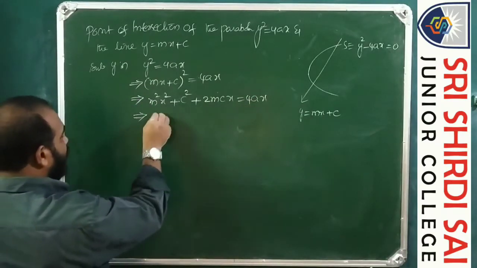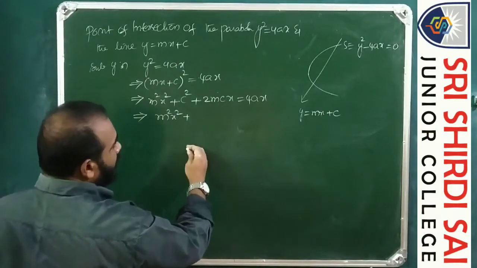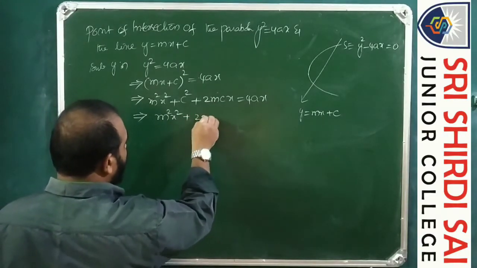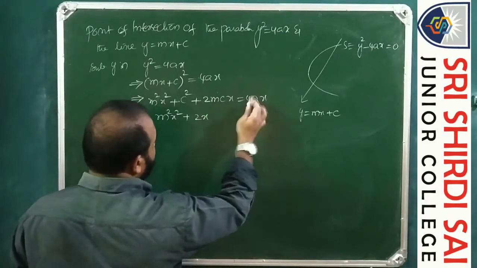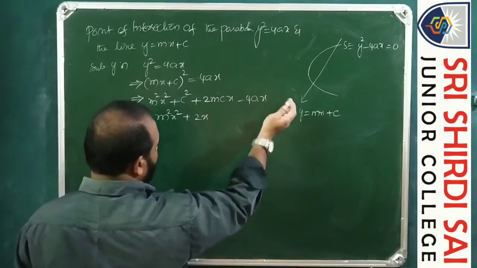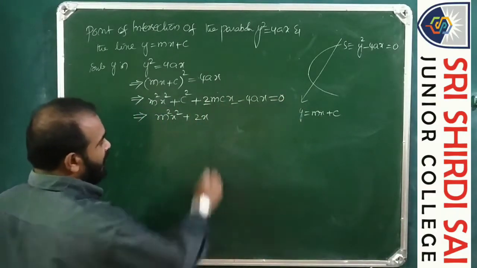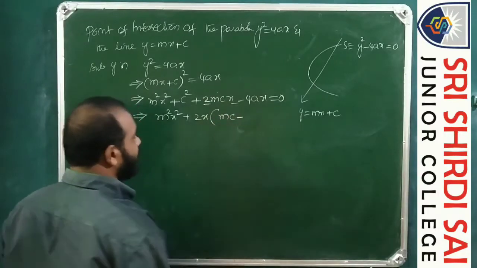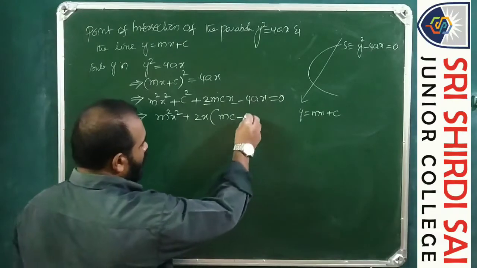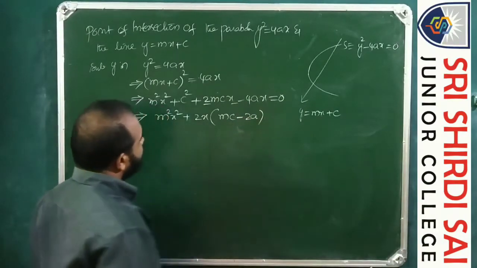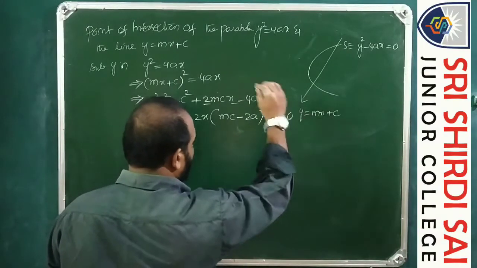This is m square x square plus 2mcx, and this 4ax, if you bring to this side, equals 0. If you take 2x as common, then we are left with m square x square plus 2x(mc minus 2a) plus c square equals 0.